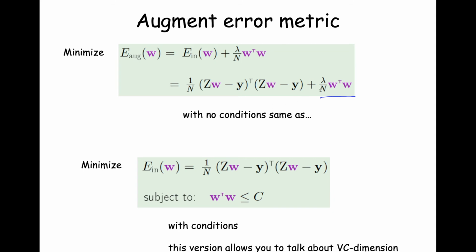This expression is an optimization problem that does not have any conditions, and therefore we can solve it in closed form as a regression. That's in contrast to the constrained version.